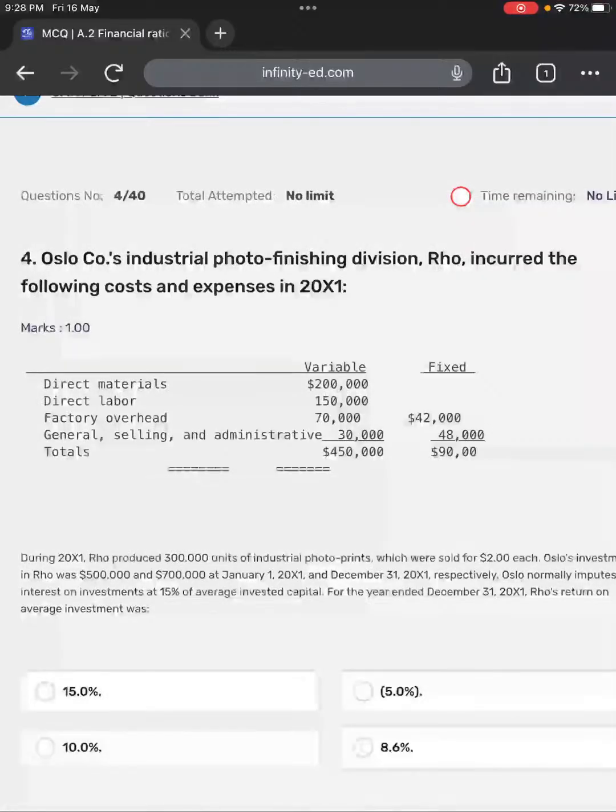Now in question number 4, Oslo Company's Industrial Photo Finishing Division RO incurred the following costs and expenses for the year 2001.